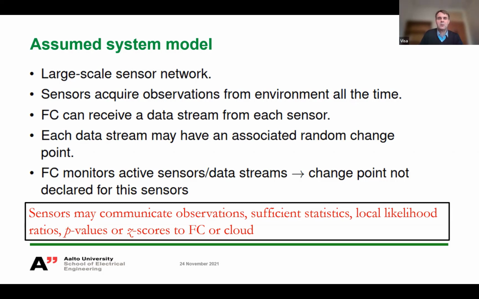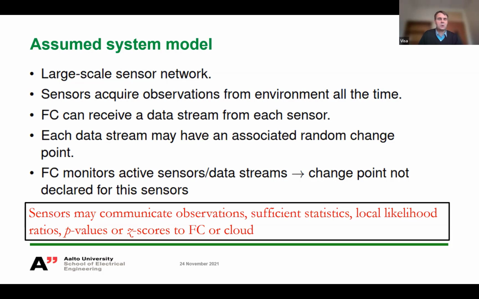The fusion center, in order to control the amount of information transmitted, will select these active sensors or data streams to be monitored. And of course, those sensors that you want to monitor are sensors where the change has not taken place yet.